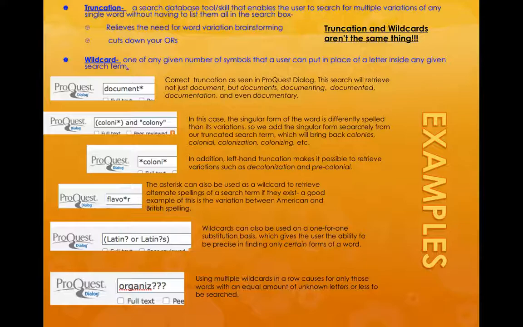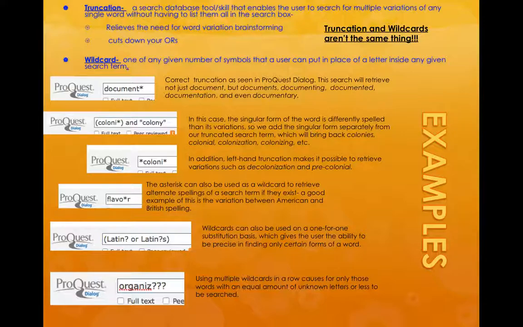Now, wildcards can also be used on a one-for-one substitution basis. So it doesn't have to be substituting in for a letter that isn't there. It can be any single letter, such as here in the fifth example search box that I've given. I've searched for Latino or Latina.